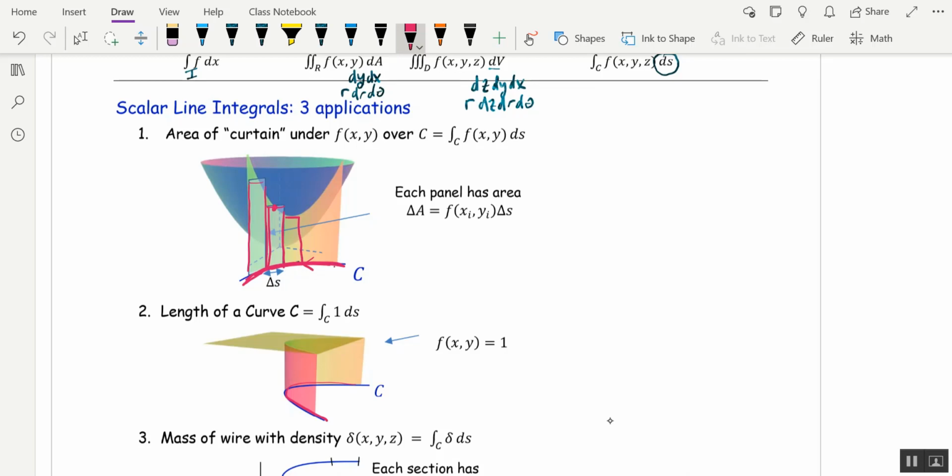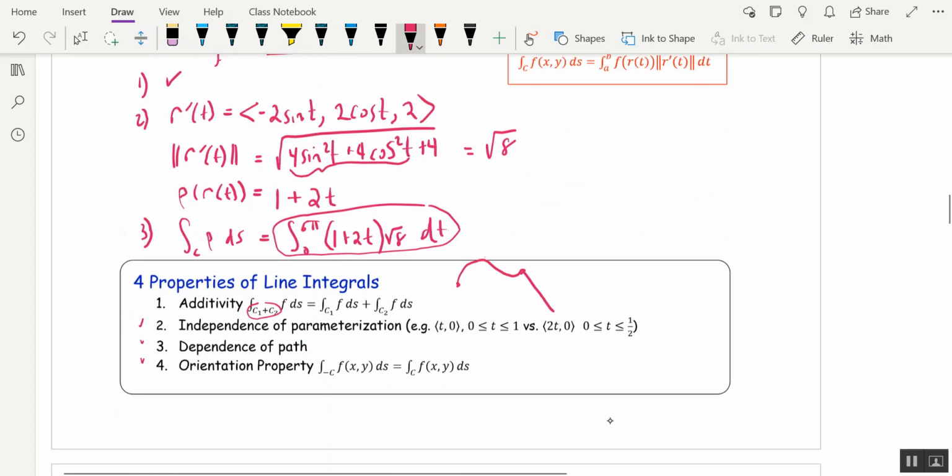Well, if I have a different curve down here in the plane, I'm going to get a completely different curtain. And so it makes sense that the line integral is going to depend on the curve you choose. It's just not going to depend on how you parameterize it. And so back here, this notation, -c, just means you're running c from B to A instead of from A to B.